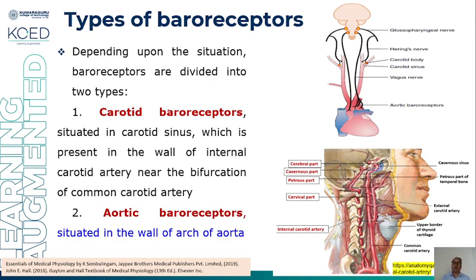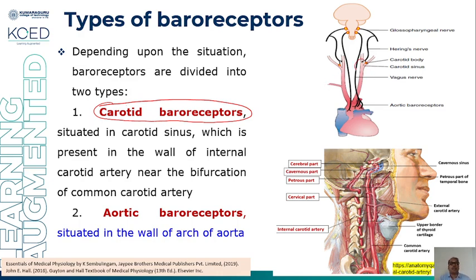We have two important receptors to control the blood pressure through nerves. One is termed the carotid baroreceptor, right? You can see this is a carotid artery. This other one will be the left carotid artery, another the right carotid artery.